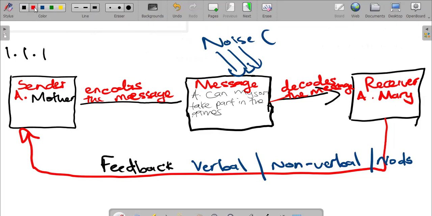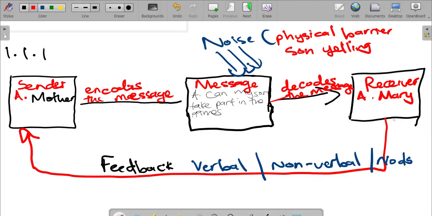For instance, here the son was yelling for attention, which is a physical barrier.